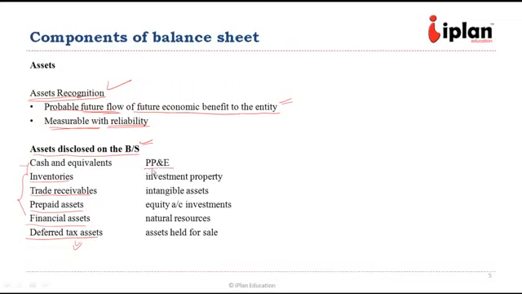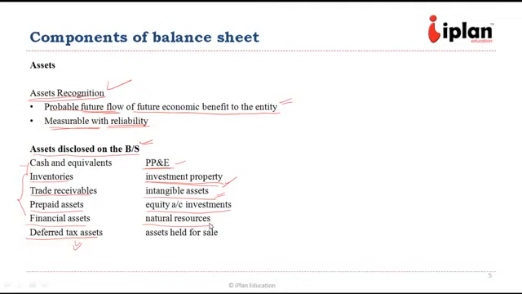Then we have property, plant and equipments, long-term assets. We can have investment property which is not part of our operations. There could be intangible assets, for example patents, brand value, etc. Then equity account investments, those are also assets.